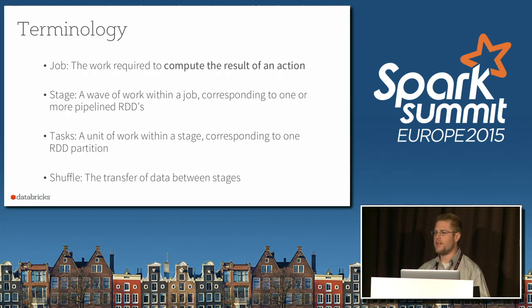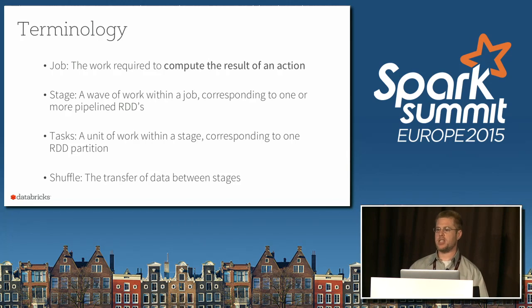I'm going to start with a high-level description of these terms, and then we'll dig down into exactly what they mean. When we say job, we mean the work required to compute the result of some action. If I have an RDD and I say .collect, that's an action, and it spawns a job. Generally speaking, an action will spawn a job.